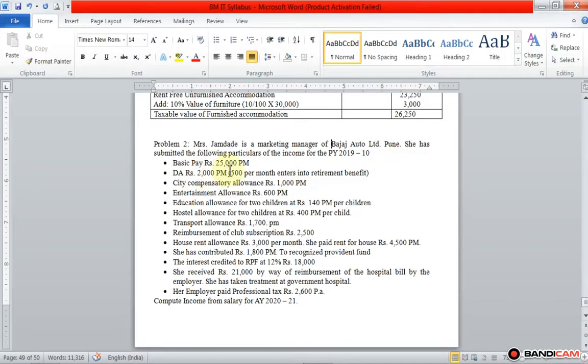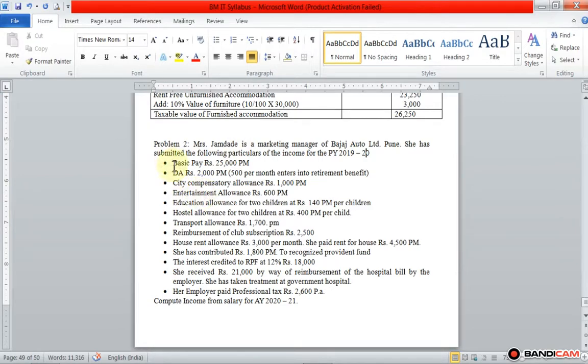She has submitted the following particulars of income for the previous year 2019-2020. She works in Bajaj Auto Limited, Pune, and she furnishes the information of her income for previous year 2019-20, and according to the information provided by Mrs. Jamdade, we have to compute income from salary.